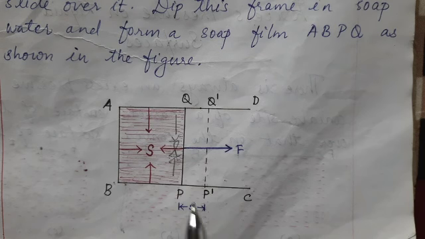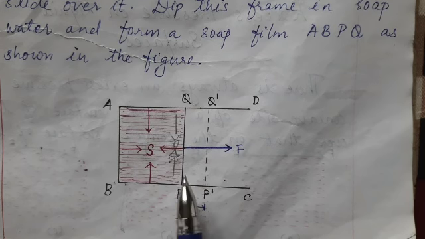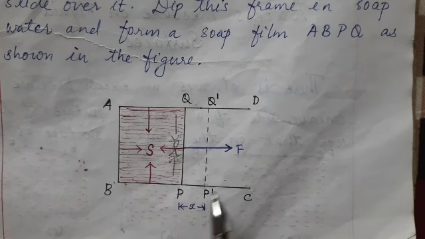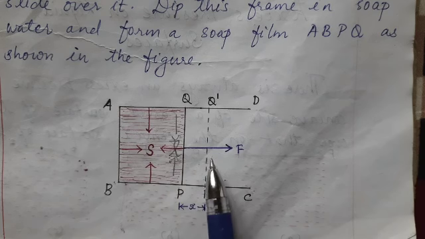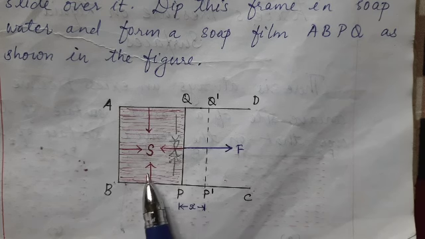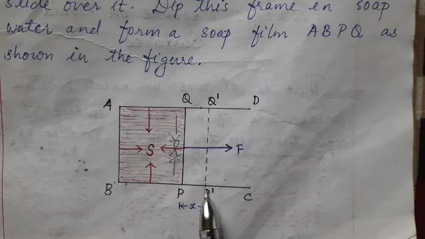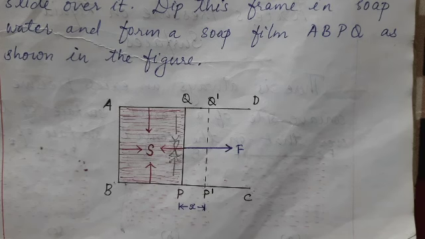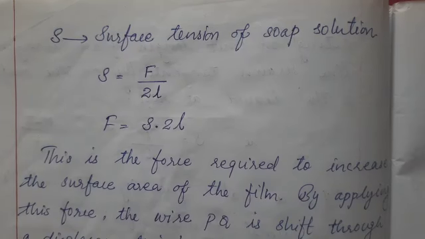This work done will be the surface energy, because as per the work energy theorem, whenever work is done, it is converted into energy. So the work done in moving this soap layer by x distance is our surface energy.